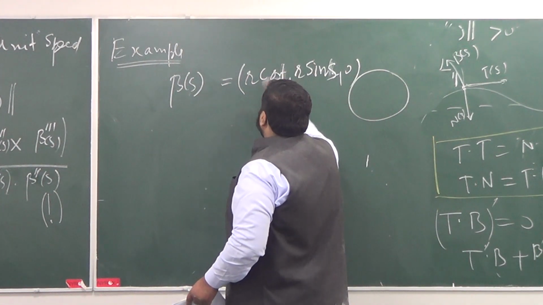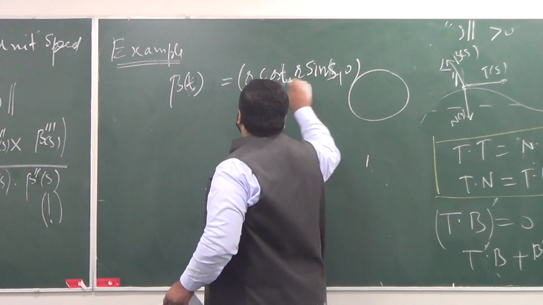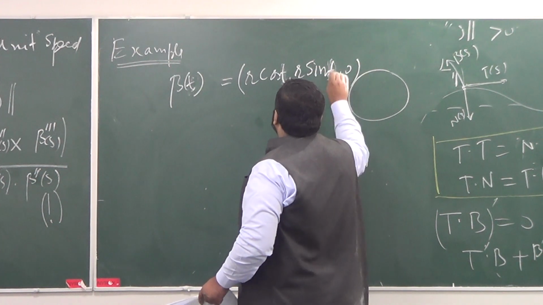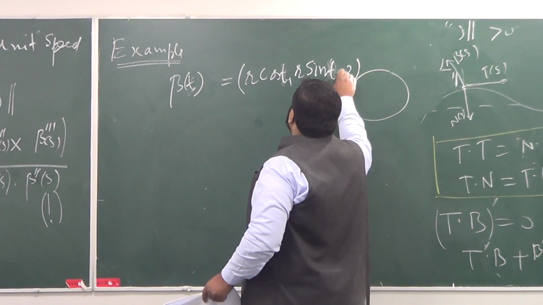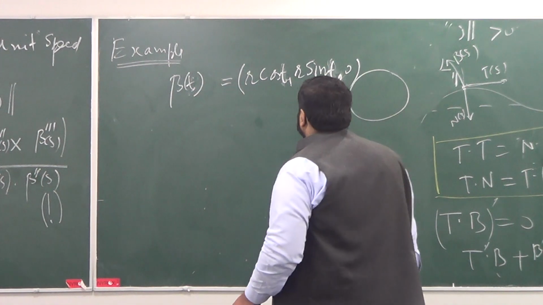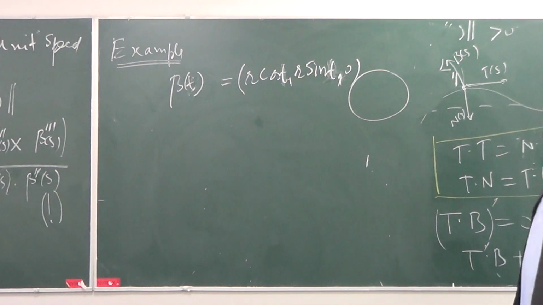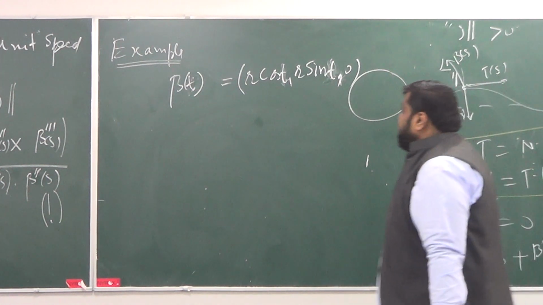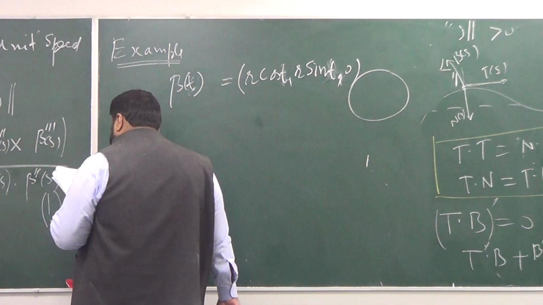Imagine I have an arbitrary circle. Let's try to find the unit speed parameterization of it. How can I find it?